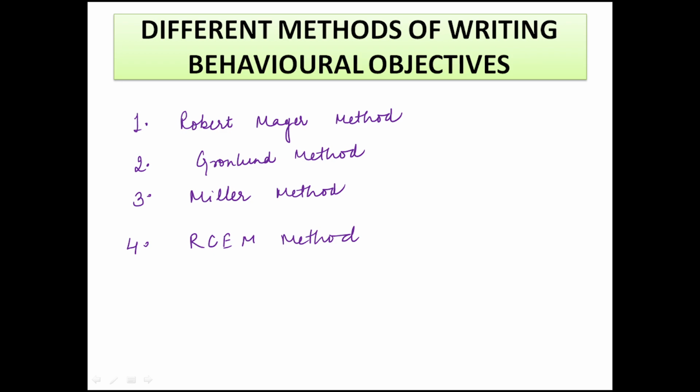So a list of action verbs is there for this method: measure, present, select, or demonstrate, receive, perceive. So these action words will be there if you write the objectives in behavioral terms by the Robert Mager method.